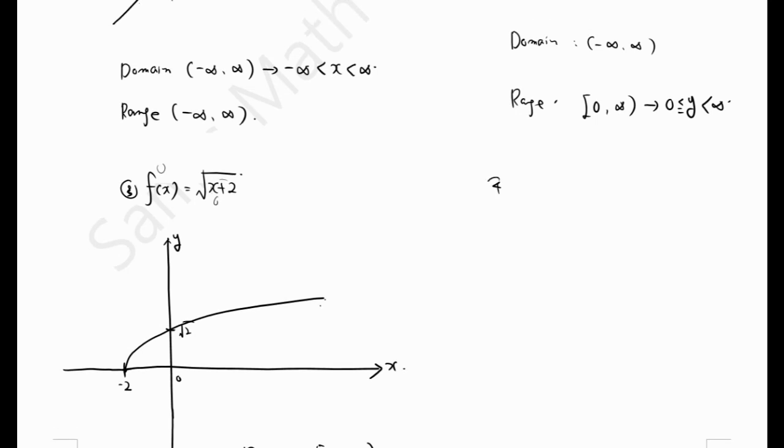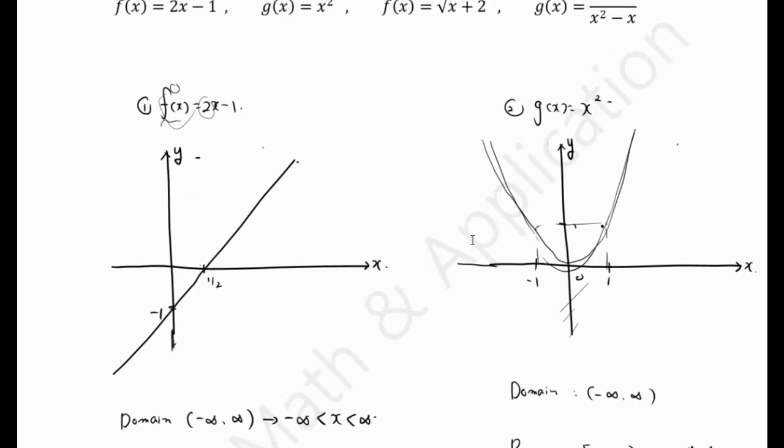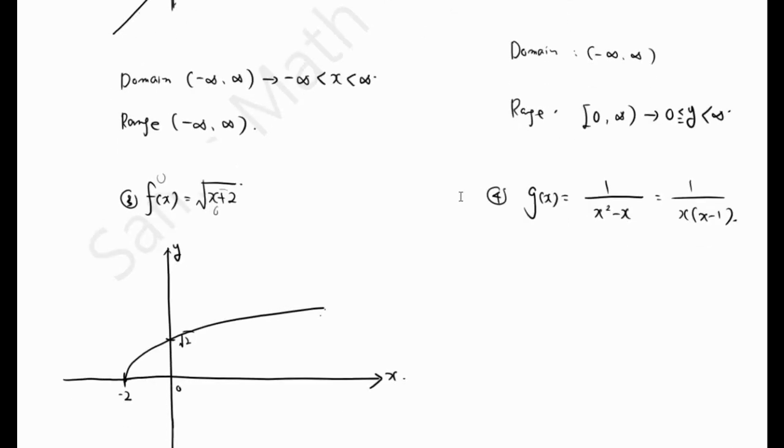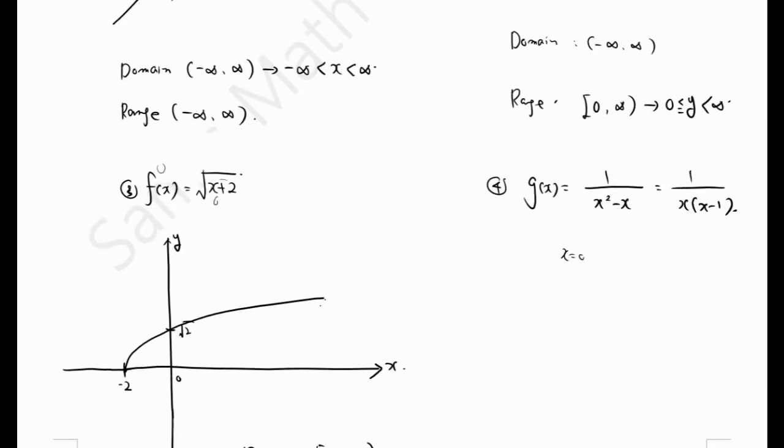The next graph is g(x) equals 1 over x squared minus x. 1 over x squared minus x is 1 over x multiplied by x minus 1. So x equals 0, x equals 1, and y equals 0.